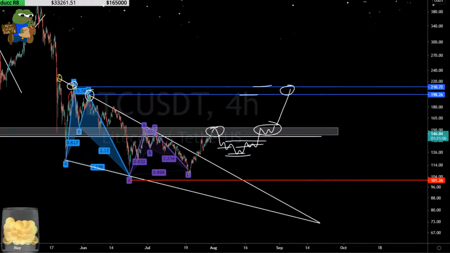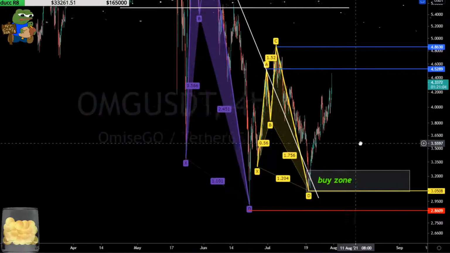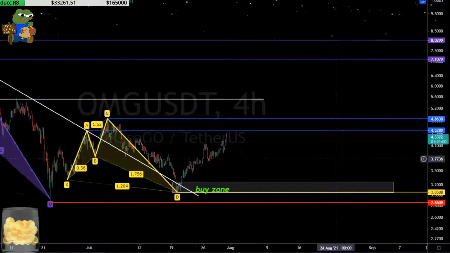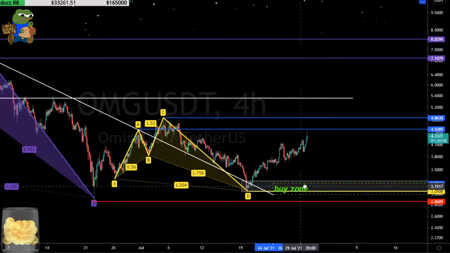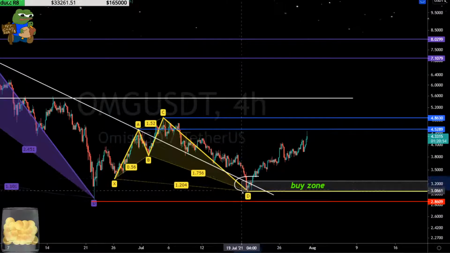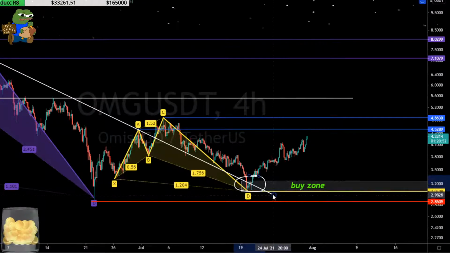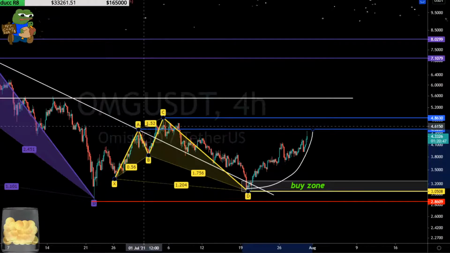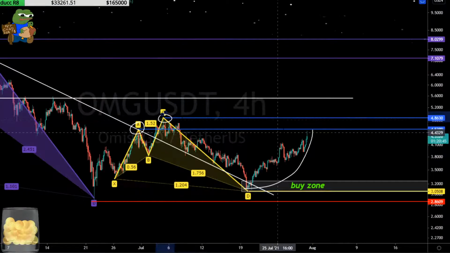Let's see, moving on, we have OMG. So again, look, another one of these areas we had identified as a potential buy zone, just rallying right up and right into this area where the previous A and C are, okay?